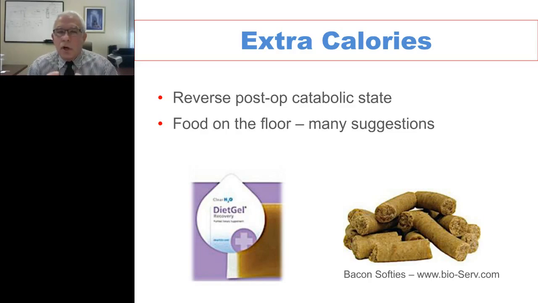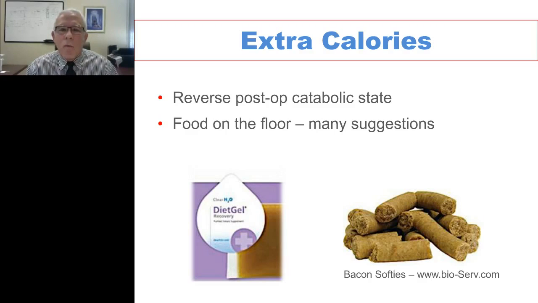These animals need to reach the endpoints, and then the animals need to be euthanized. Well, when we started the practice, when these animals start to look cachectic before they reach the endpoints, we gave them bacon softies. It's amazing the turnaround of these animals.